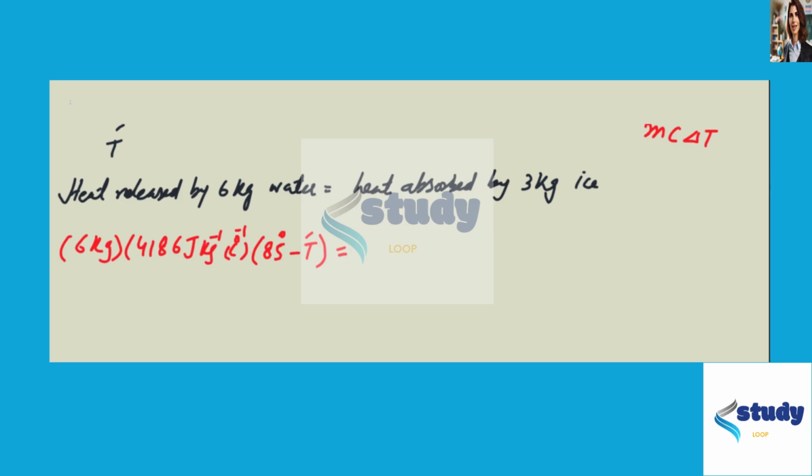So first, 0 centigrade ice will convert into 0 centigrade water. So the heat absorbed by 0 centigrade ice to change into 0 centigrade water is m times latent heat of fusion.